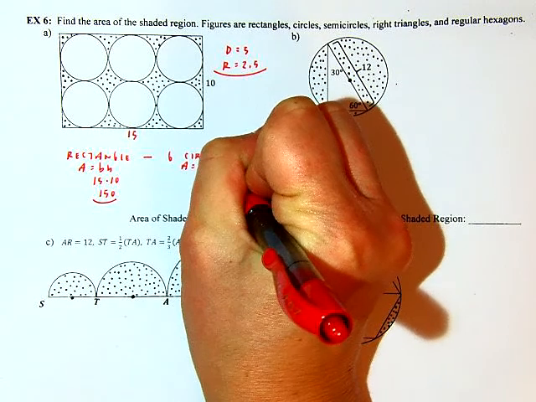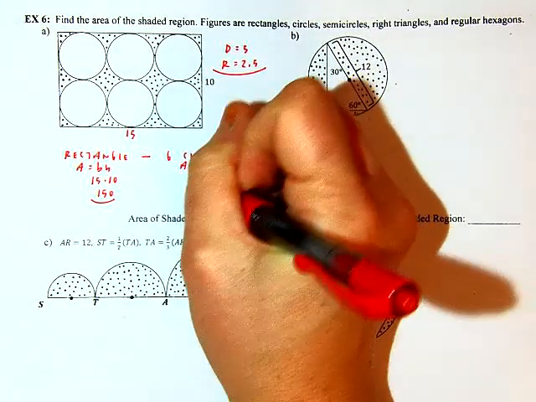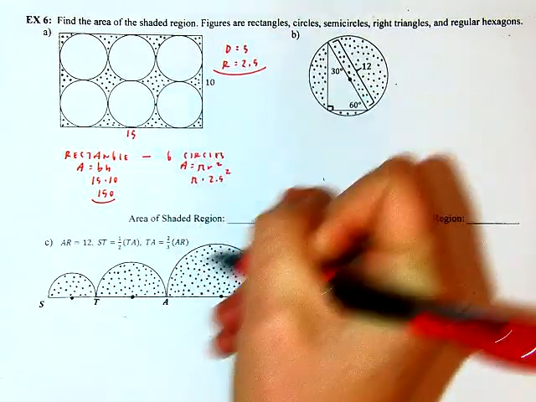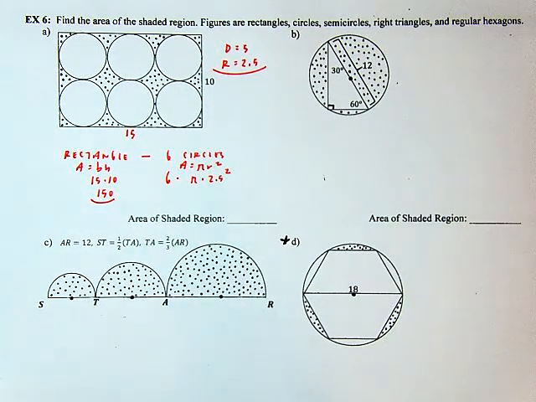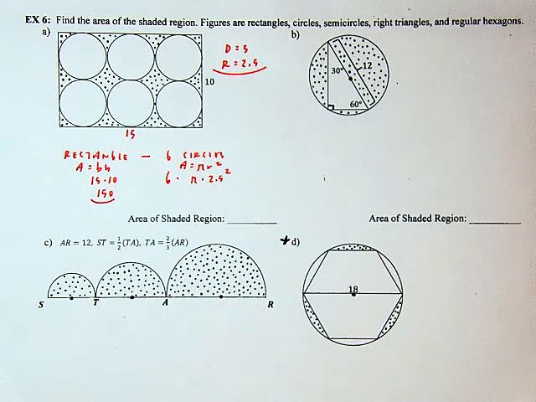All right, for our circle, we note that the area is pi r squared, but we're going to have to multiply by 6 in just a moment. So one circle, if I plug in a radius of 2.5, pi times 2.5 squared, right? And then I'm going to multiply that by 6. So I have 6 circles, 6 times 2.5 squared.